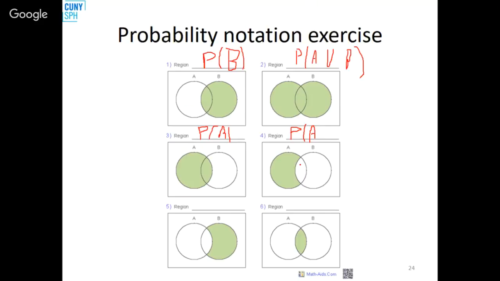You're saying this is a conditional probability, the probability of A conditional on B complement.